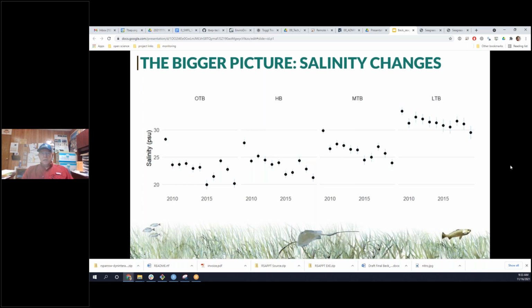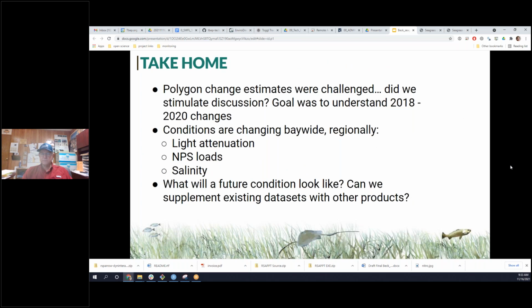And I think that's a broader trend we see regionally, not just in Tampa Bay, that could change conditions in the bay, and could affect what we see with the seagrass community, because we know that some species are more tolerant to salinity than others, and that could shift species compositions towards more salinity tolerant species like Thalassia, for example. So bigger picture, things to think about.